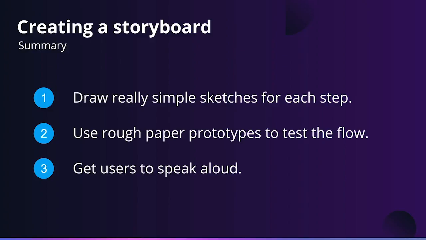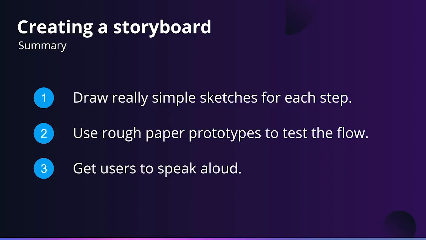So to summarize, when creating a storyboard, you want to draw some really simple sketches for every step of the flow that we've written on stickies. You want to make a rough and ready prototype to test your flow, preferably with real people, but it's always good to do it for your own sanity so you can see if a flow makes logical sense. And you haven't committed to using a design application, so it's easy to move things around.